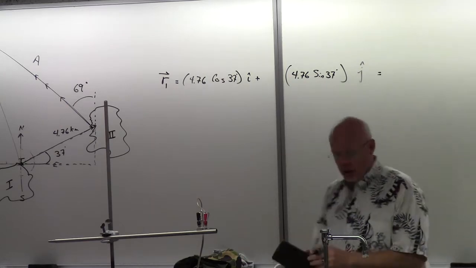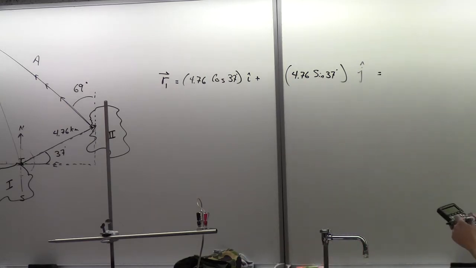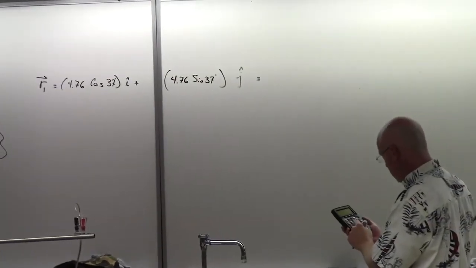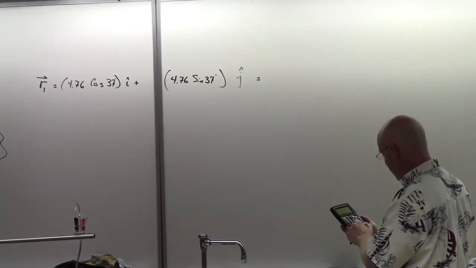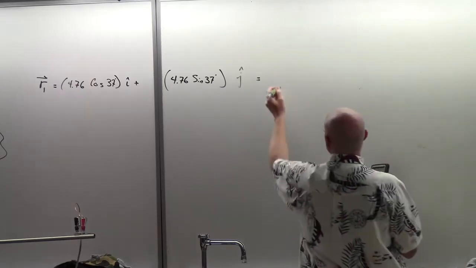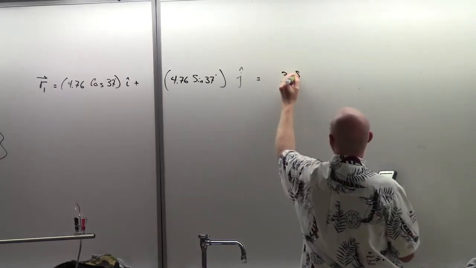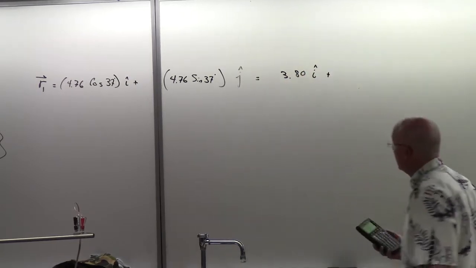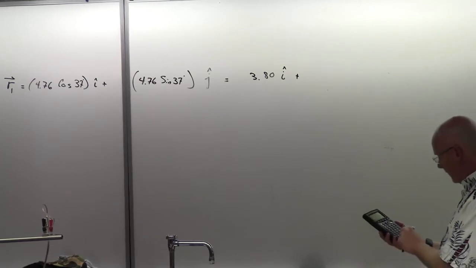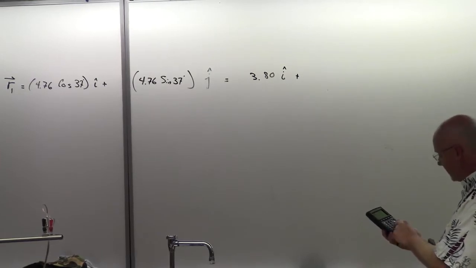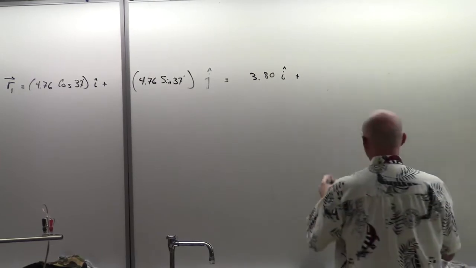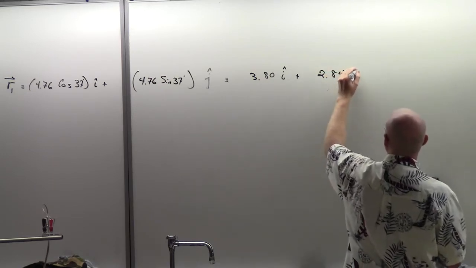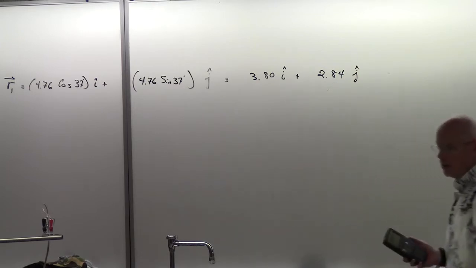And if I get out my calculator at this point, I'll actually have some numbers to work with. 4.76 times the cosine of 37 degrees is about 3.80 kilometers in the eastern direction. And 4.76 times the sine of 37 degrees comes out to be 2.84 kilometers in the J direction.